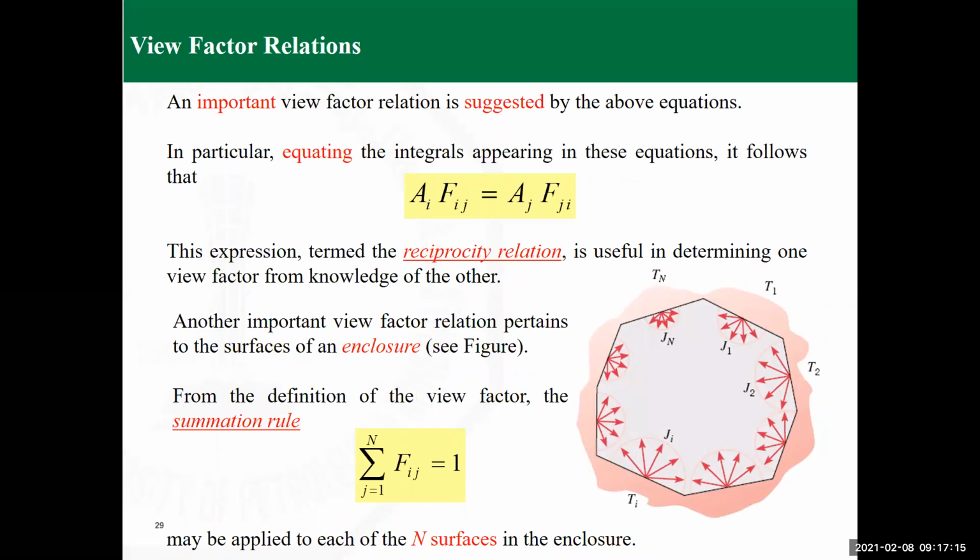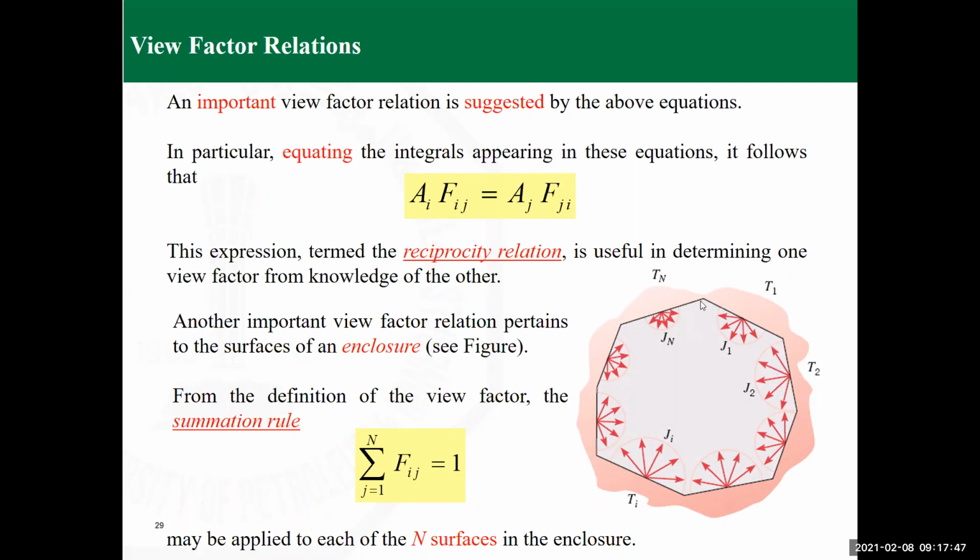A reminder, this information is something that you have covered previously in the heat transfer course, in the radiation part. To remind you, the view factor or shape factor relations have reciprocity. If we have two surfaces at two different temperatures, then consider the figure here, surface T1 and surface T2.